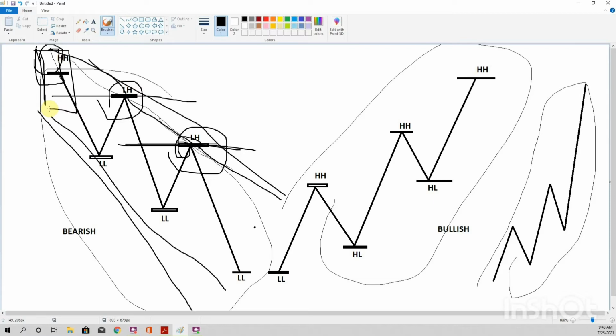So institutions always have to rebalance how they distribute their orders or accumulate them. They distribute them when they have to go bearish, and they accumulate them when they go bullish.